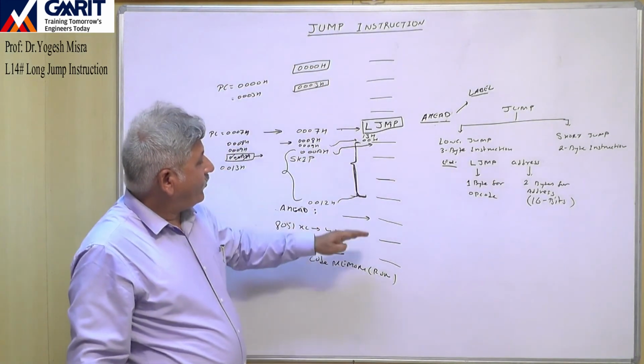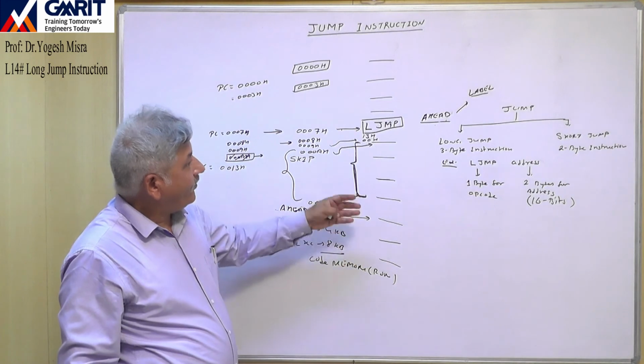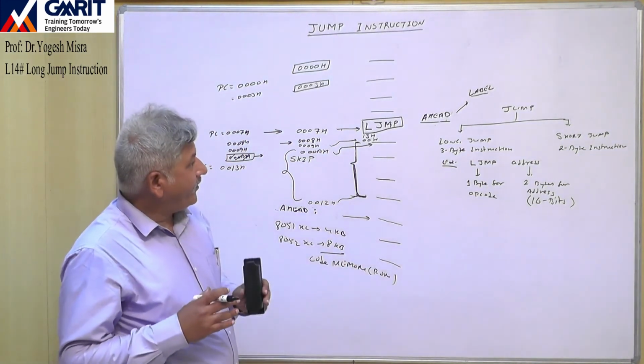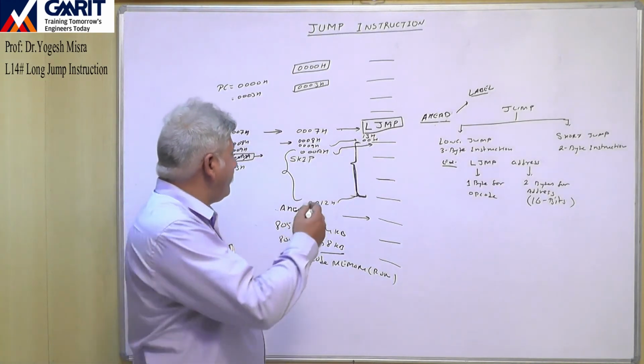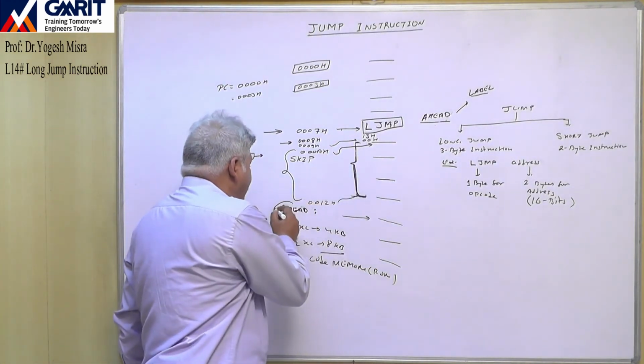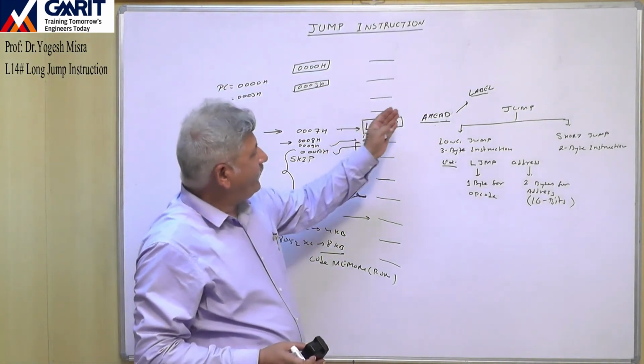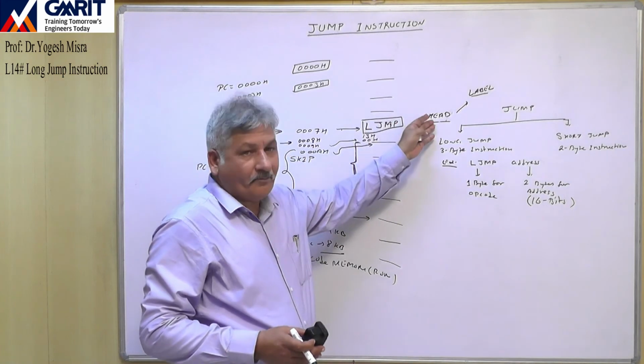So now what will happen? We write this program. After that, when we assemble this program, the assembler will automatically calculate the address of this AHEAD. It will calculate this address and place it here after LJMP.